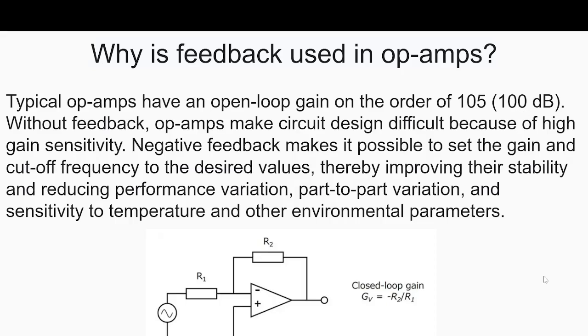Without feedback, OPAMPs make circuit design difficult because of high gain sensitivity. Negative feedback makes it possible to set the gain and cutoff frequency to the desired values, thereby improving stability and reducing performance variations, part-to-part variation, and sensitivity to temperature and other environmental parameters.